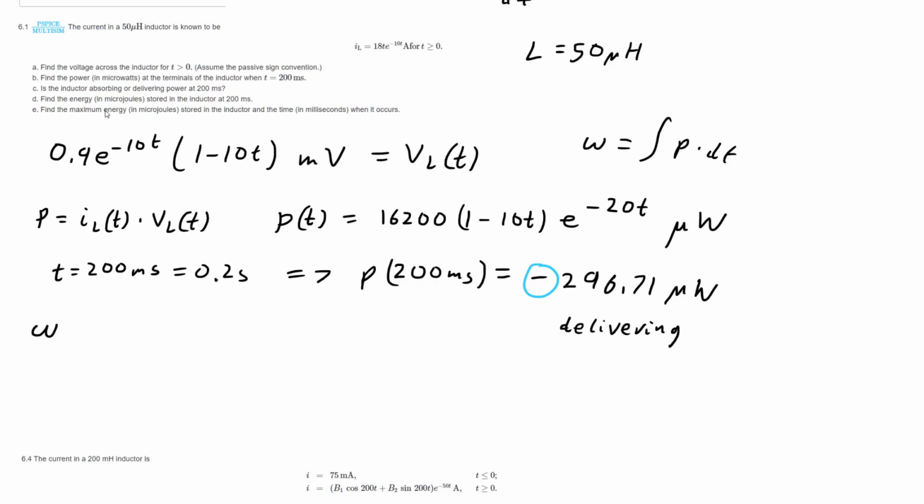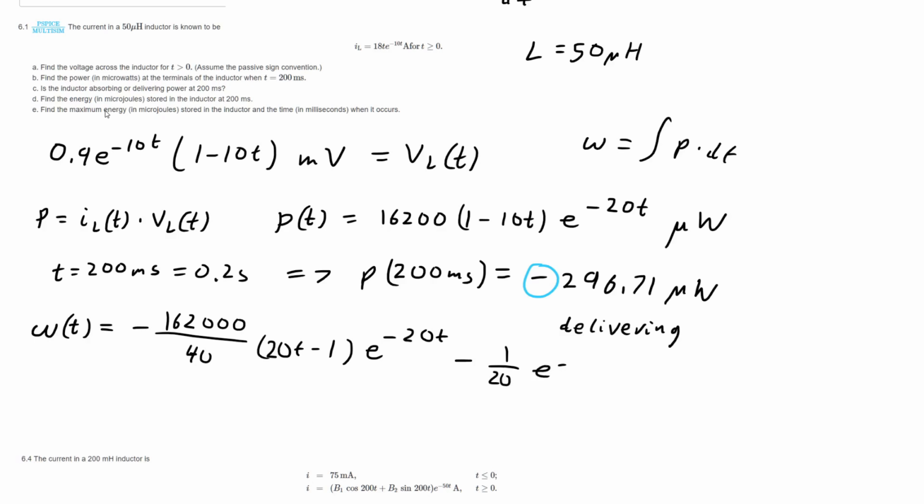I ended up getting w(t) is minus 16,200 over 40, times (20t minus 1) e to the minus 20t minus 1 over 20, e to the minus 20t. This whole quantity is in microjoules.